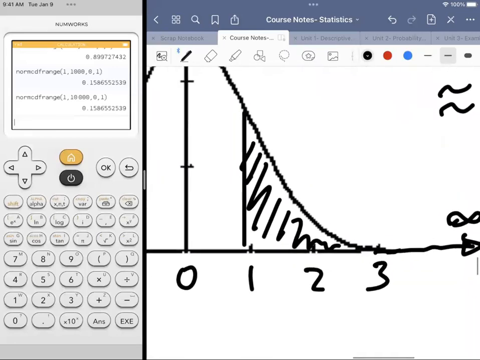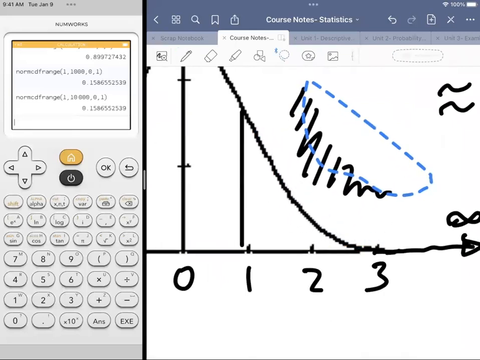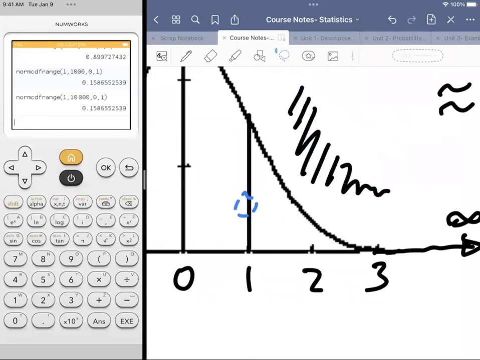But if I tell you, for example, in this case, that I'm looking for the area in the normal curve that's to the right of 1, I'm looking for all of the area to the right of the 1. That line at 1 that I clearly drew as a vertical line with a little bit of width is really a vertical line with no width.